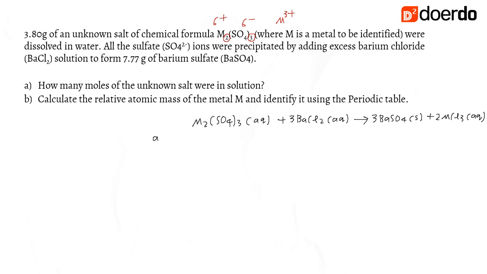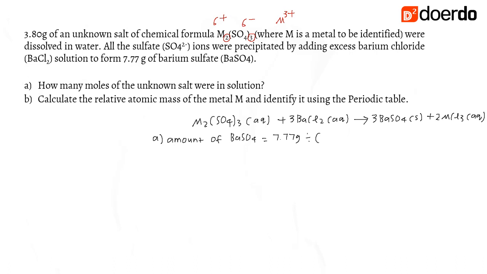So for part A, amount of BaSO4 is equivalent to 7.77 grams divided by the molar mass.